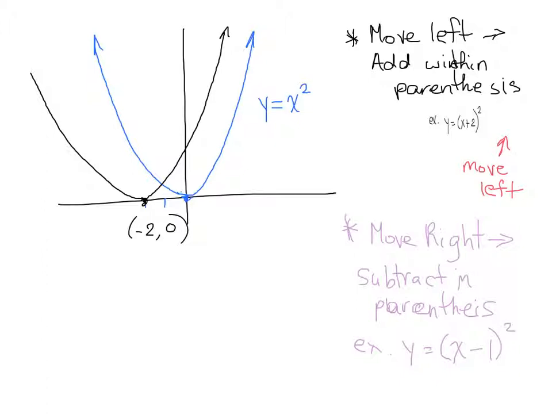Again, that's the direction to move the graph to the right. So instead of our vertex being at 0, 0, it's moving to the right 1, and our new graph, again just a really rough sketch, but what really matters is that you understand the new vertex would be 1, 0.